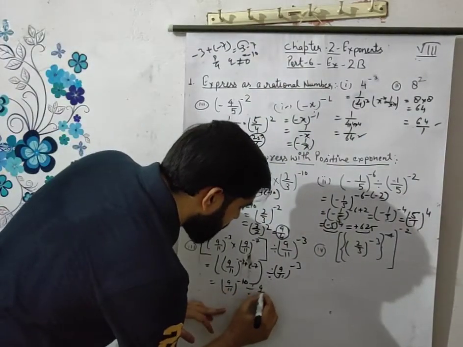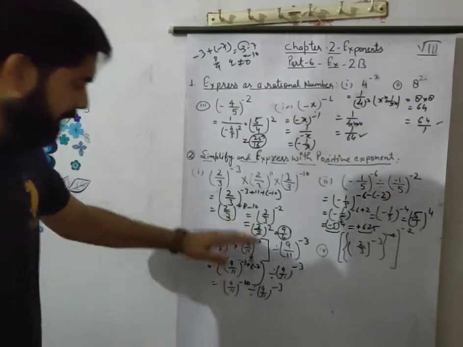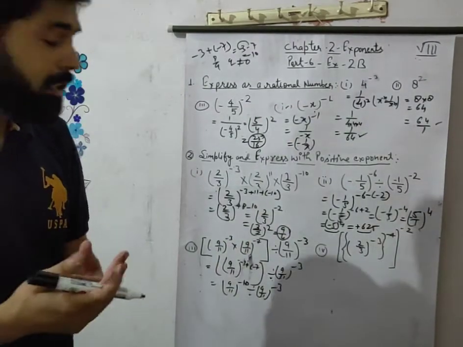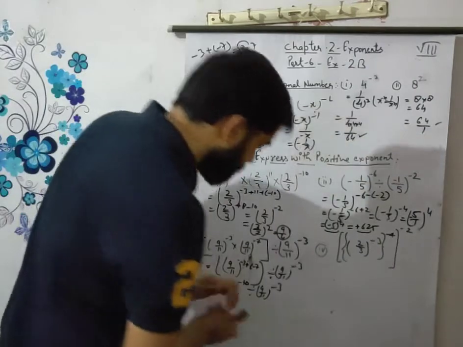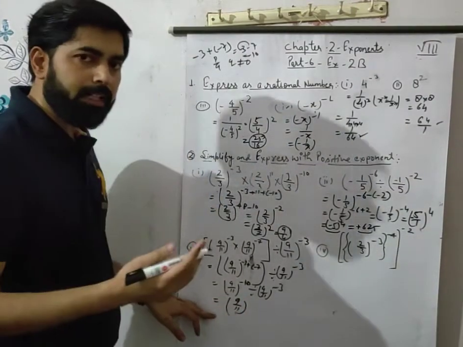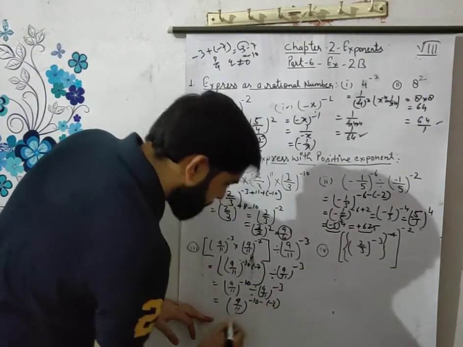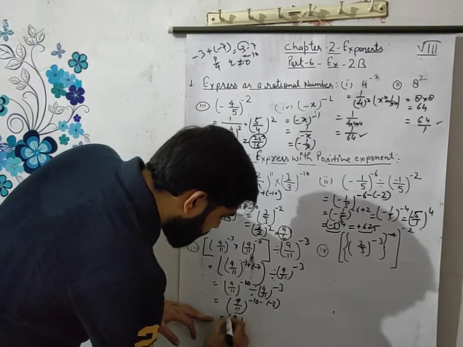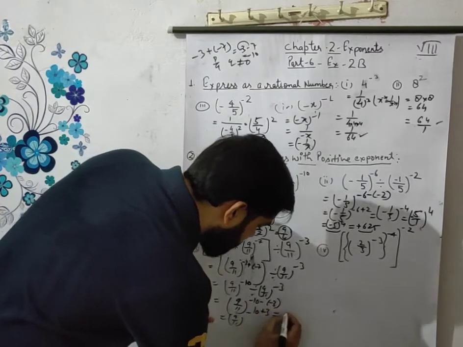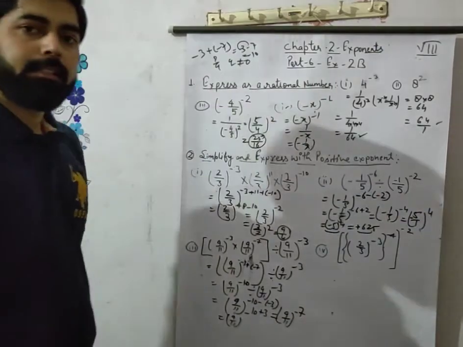Then divide by 9 upon 11 to the power minus 3. Both bases are the same here, so again we apply the dividing rule. We subtract the powers: 9 upon 11 raised to minus 10 minus minus 3. The answer will be 9 upon 11 raised to minus 7.